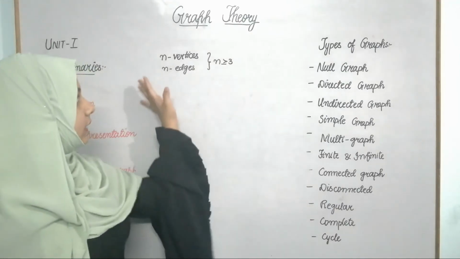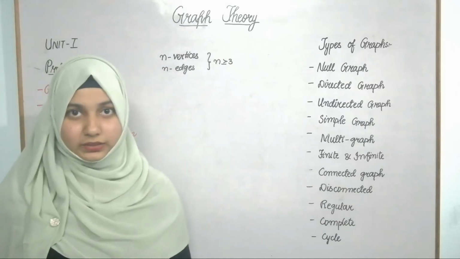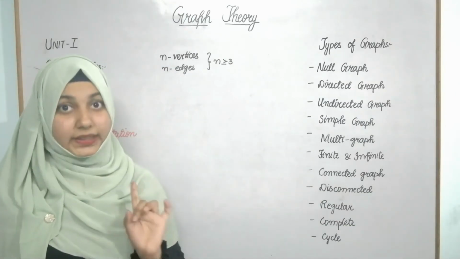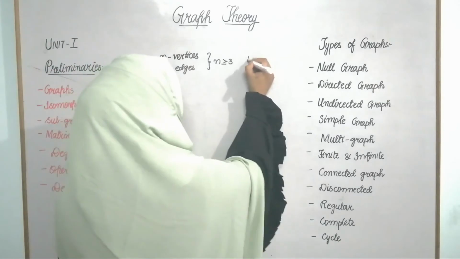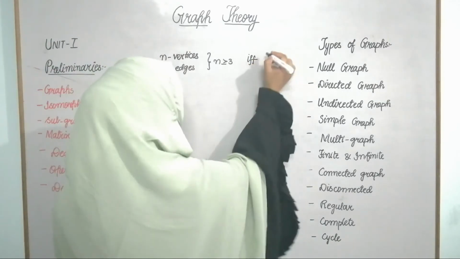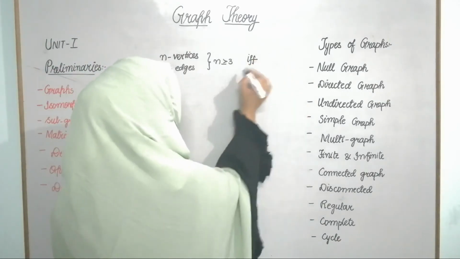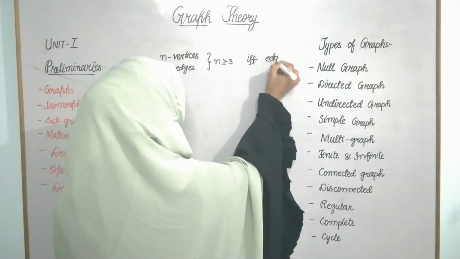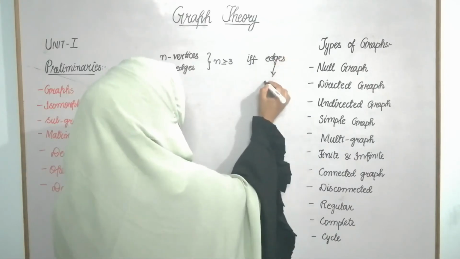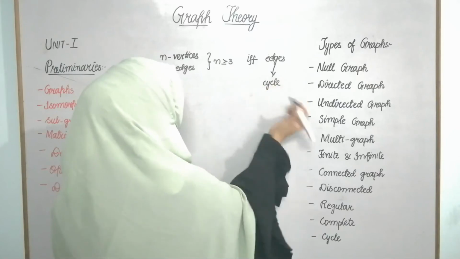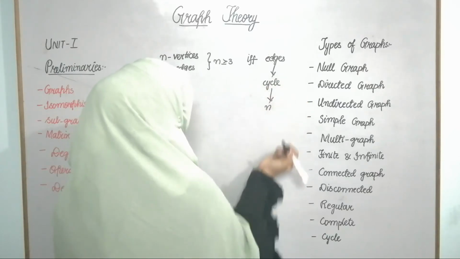ठीक है? Such a graph will be a cycle graph if and only if all its edges form a cycle of length n. ठीक है?